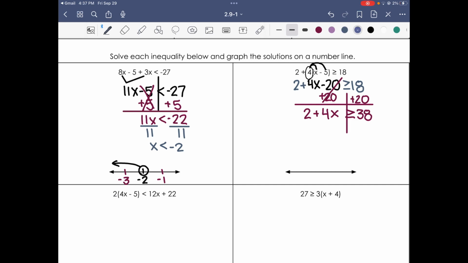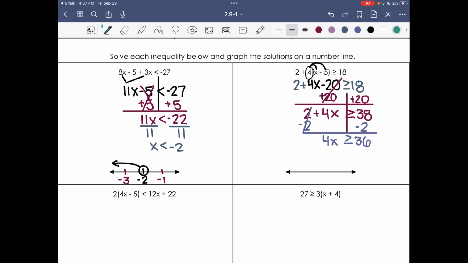Then I subtract the 2, because it's positive 2, leaving me with just 4x is greater than or equal to 38 minus 2, which is 36.